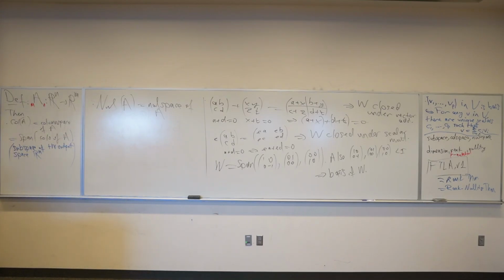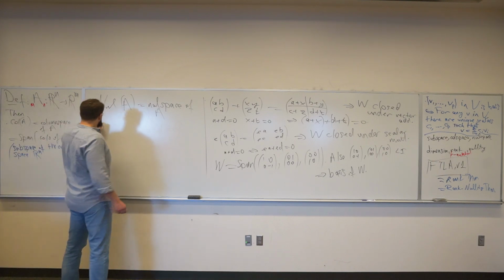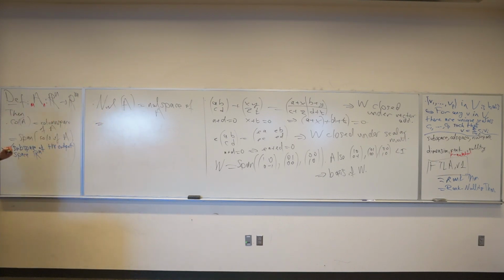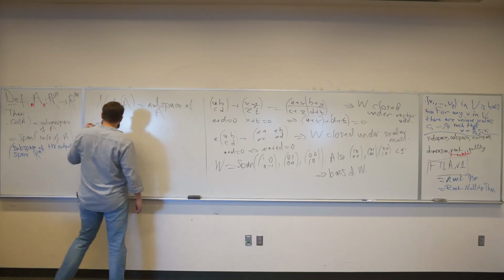I don't think we use it, so I'm not going to mention that. Okay, this is kind of confusing. But this is the solution. This is the collection of all solutions of Ax equals 0.